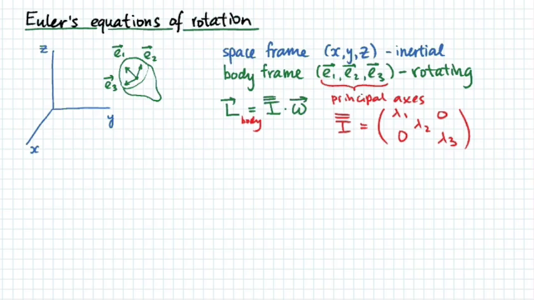In which case, we write that L, angular momentum, as given in the body frame, will be given by lambda 1 times omega 1 for the first component, lambda 2 times omega 2 for the second component, and lambda 3 times omega 3 for the third component.